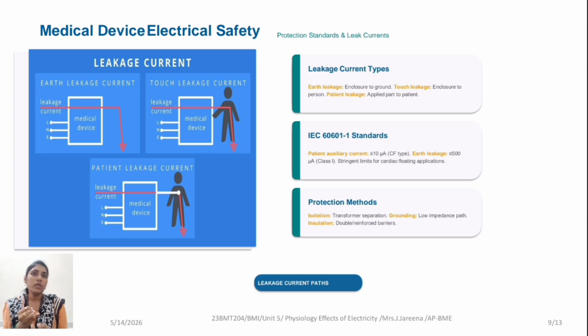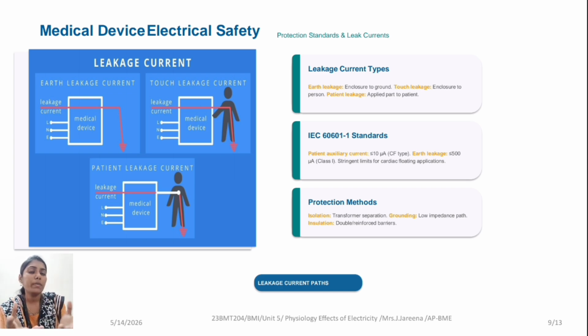What other ways can we provide medical safety, in order to avoid high leakage current? We have different standards like IEC 60601. They clearly describe how to reduce the leakage current, what the limits are, and what protection methods we can use, like isolation, grounding and insulation.